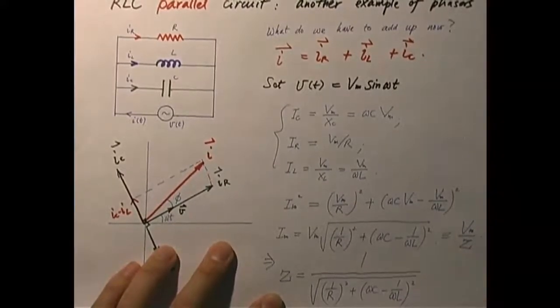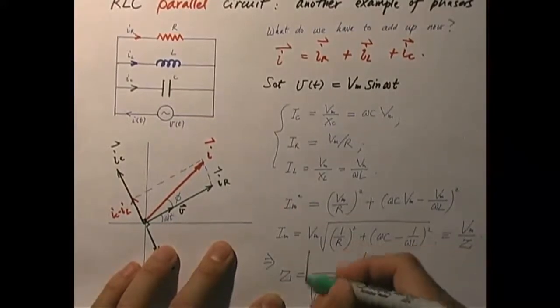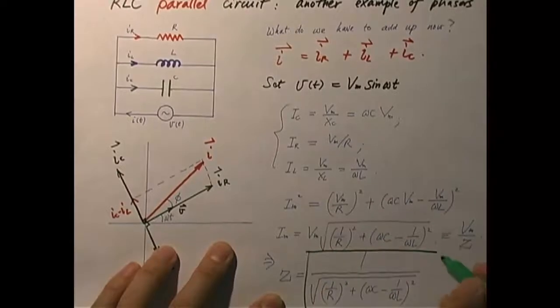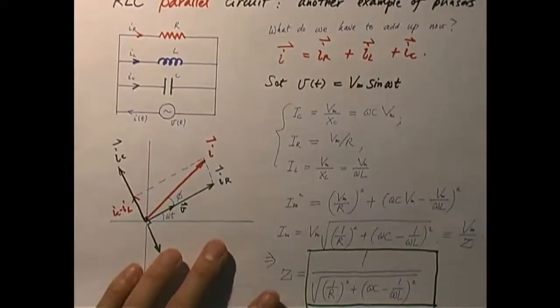You see, it is totally different from the expression that we obtained for LRC series. This is Z for LRC parallel. So please do not take that formula for granted. It changes as the circuit changes.